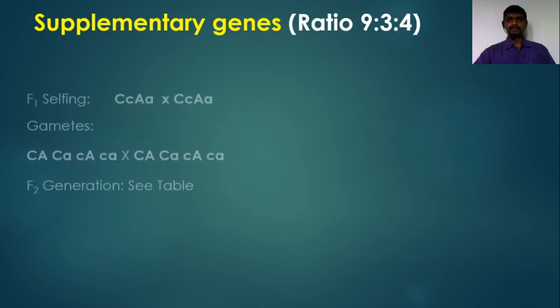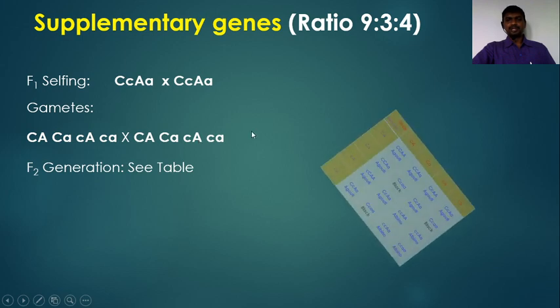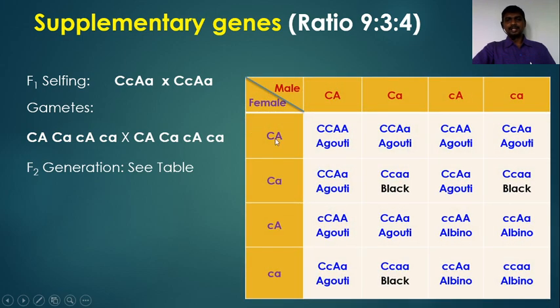So what happened here? After selfing we get the gametes capital CA, capital C small a, small c capital A, small c small a. Similar types of gametes are also produced by the other parent. So by using a checkerboard we get 16 individuals in different phenotypic combinations.